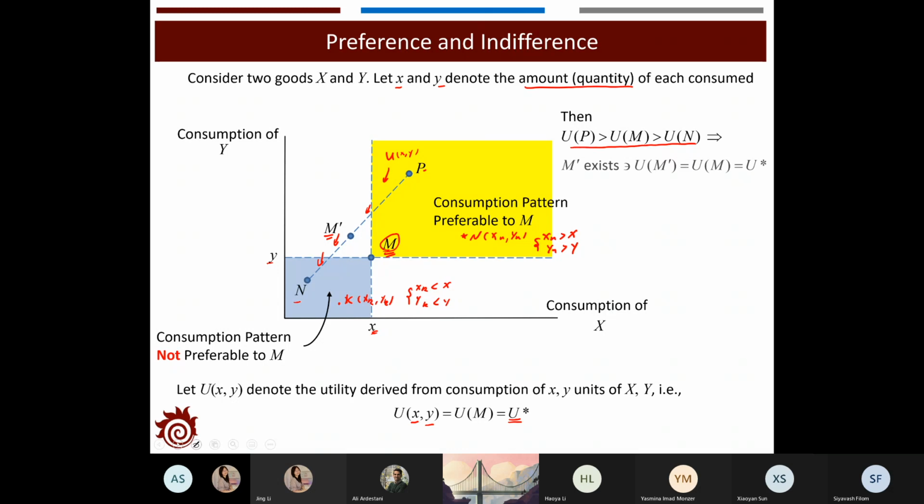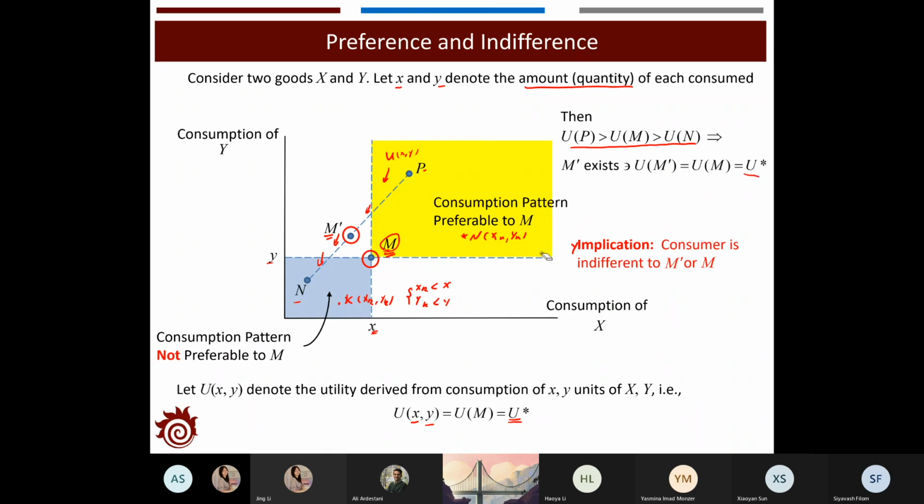So that's what we can see. There's a point M prime with utility of M prime equal to UM, which will equal to U star, as we defined previously.